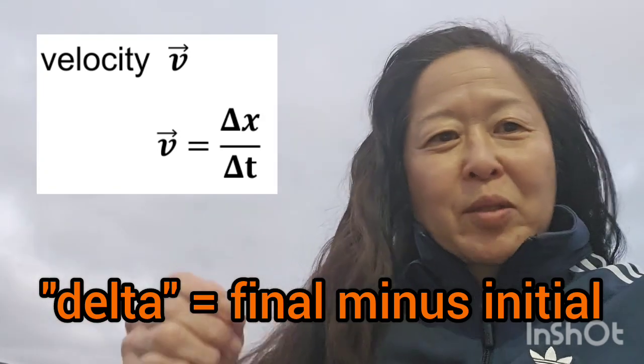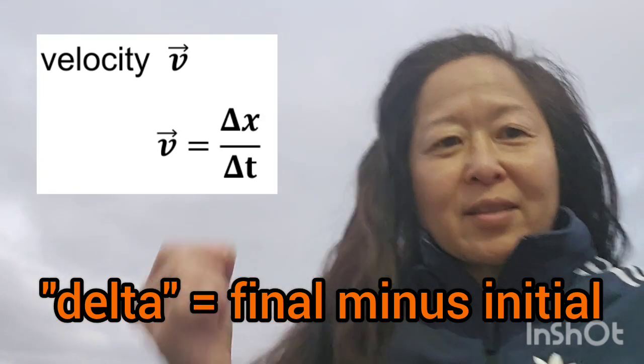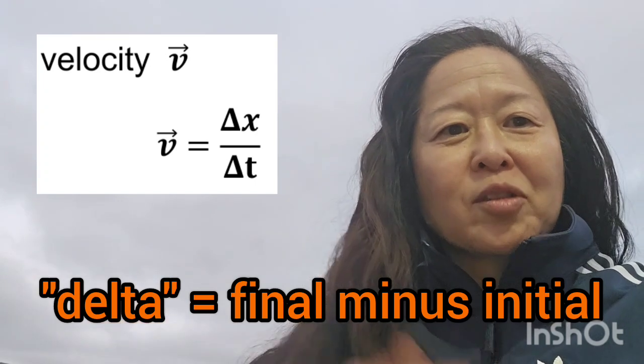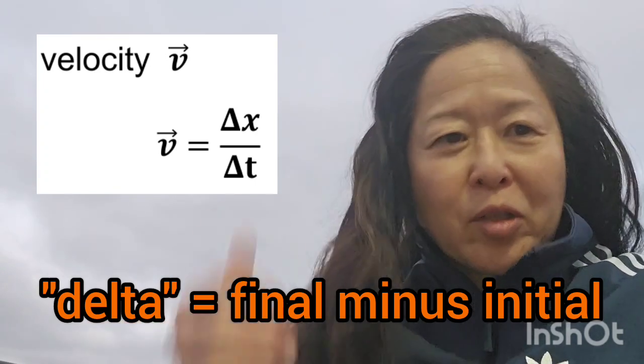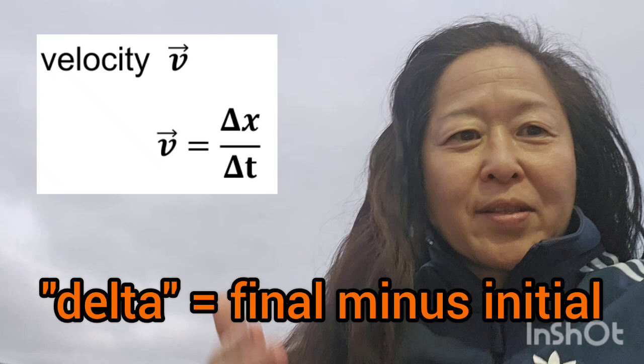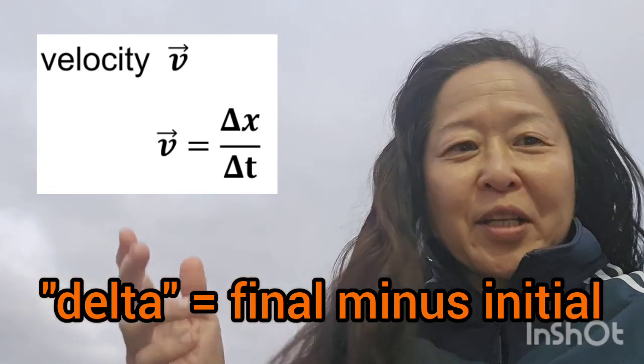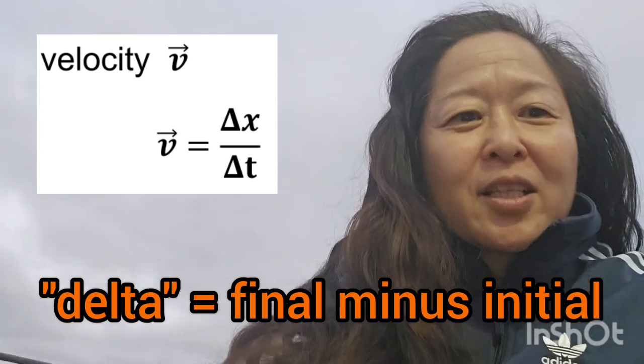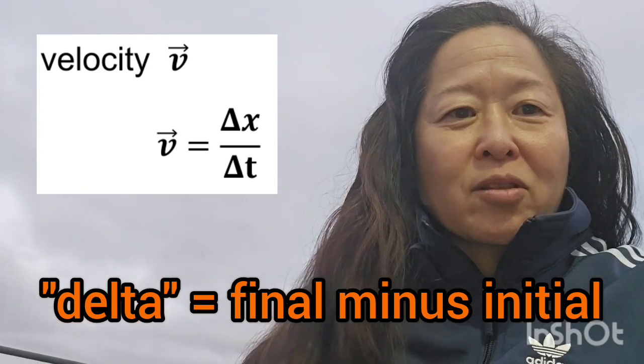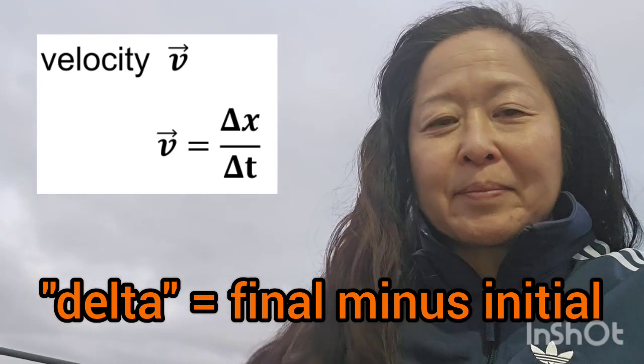But in physics, we do not want to make any assumptions. We do not want to assume that the initial time where you started the clock was at 0 seconds. What if you started the clock at 1.5 seconds or something? So we just cover ourselves by using the delta. Okay, so that's the first definition. Velocity is the rate of change of position.